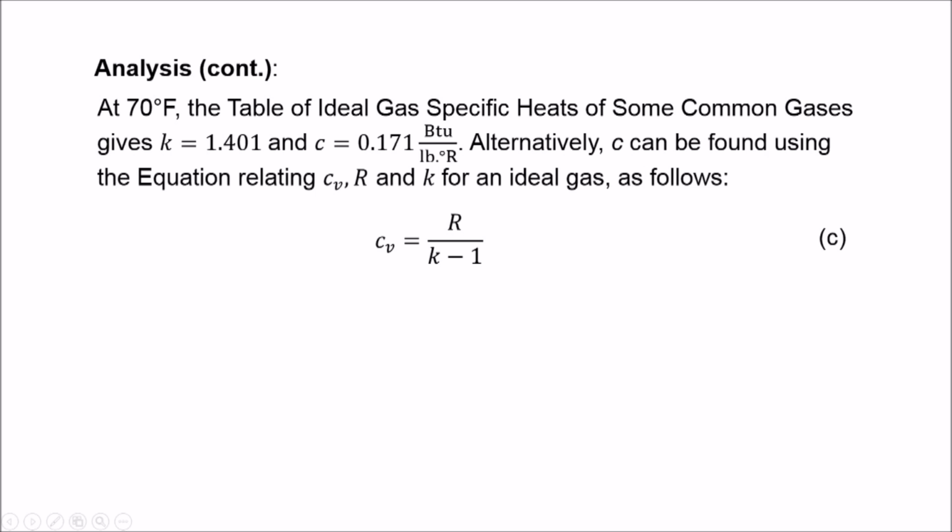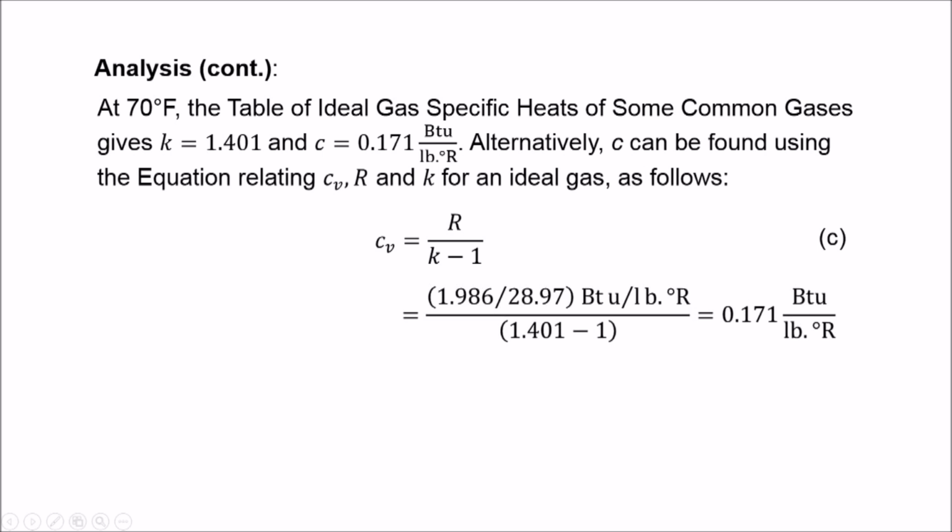We'll denote this equation C for later use. Upon numerical evaluation of this expression, we get the following, giving us a value of C sub V equal to 0.171 BTU per pound degree Rankine, which is identical to the numerical value we got from the tables.